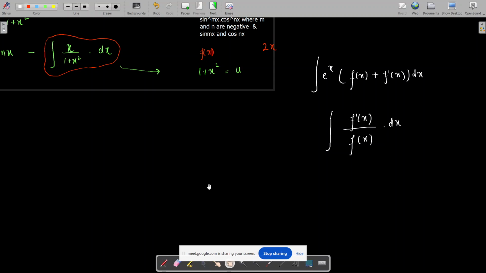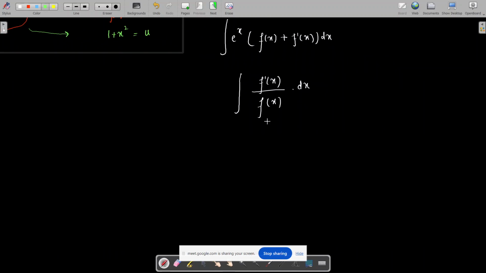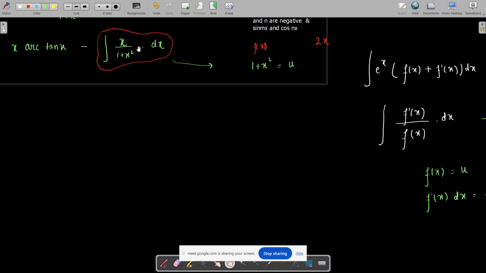So if we substitute f of x as u, then f prime of x times dx becomes du. Then this integral will transform into du over u.